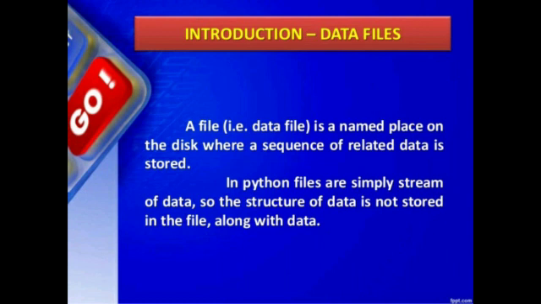In Python, files are simply a stream of data, so the structure of data is not stored in the file along with the data. So in Python, data is stored in a file simply as data. They do not store the structure of the data. File input output means transfer of data from secondary memory to main memory or main memory to secondary memory. As you know, secondary memory stores data permanently.